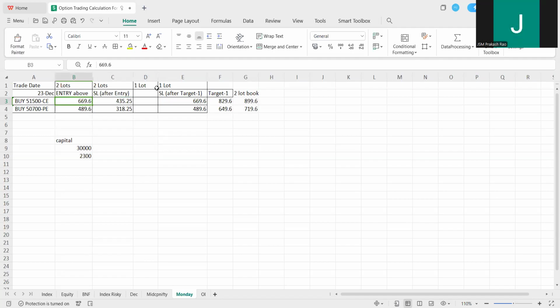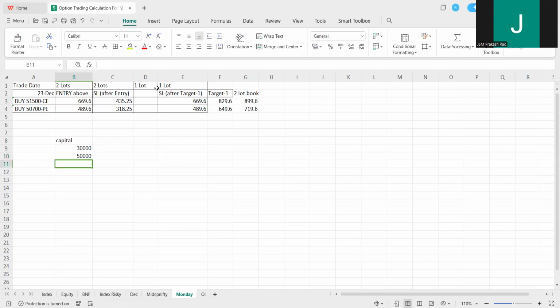Okay, we will do this for a week or 15 days. Once our capital grows, we will start withdrawing the profit and trade only with the capital. We do not want to, because today I made 50,000 rupees, go trade the next day with 50,000 plus your previous capital. For example, today you made 50,000.